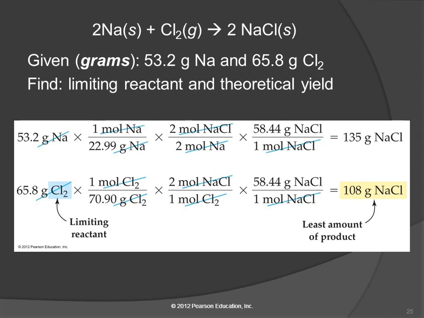So here's that all set up. 53 grams, and notice how all the units are canceling out so nicely. This would make 135 grams of sodium chloride, and this amount of chlorine would make 108. 108 is smaller, so this is the theoretical yield. The reactant that made that is the limiting reactant.